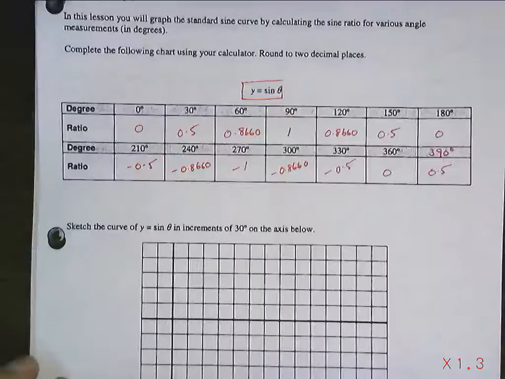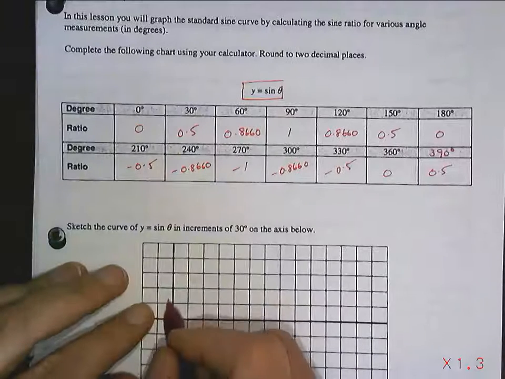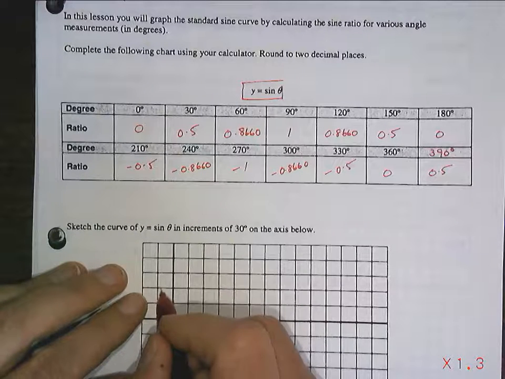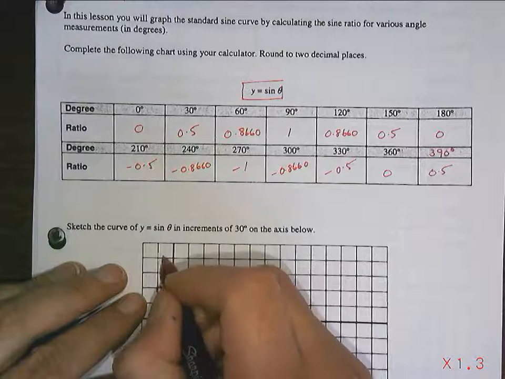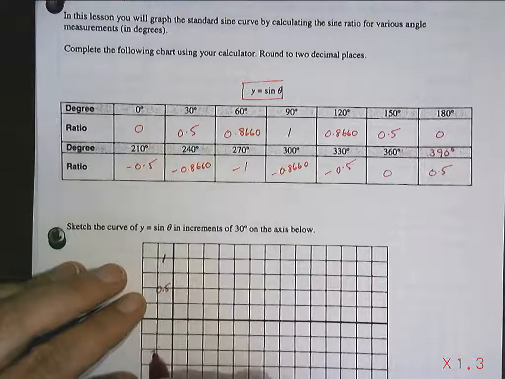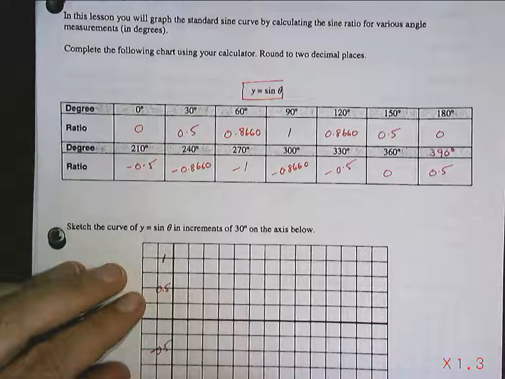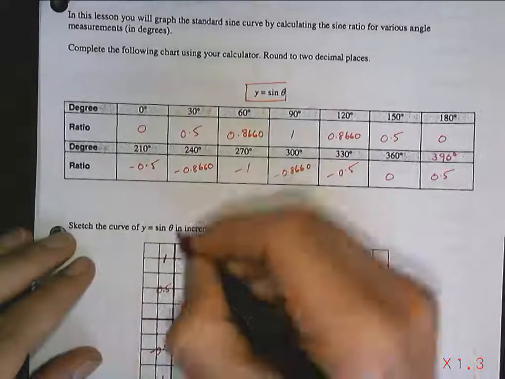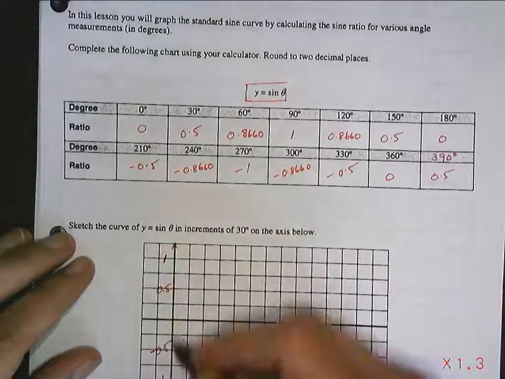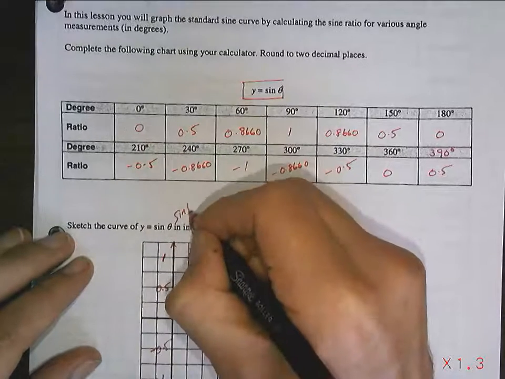Okay, so let's graph this. Let's make this 0.5 and let's make this 1. We'll make this negative 0.5 and let's make this negative 1. So this is my vertical axis. This is the sine theta.